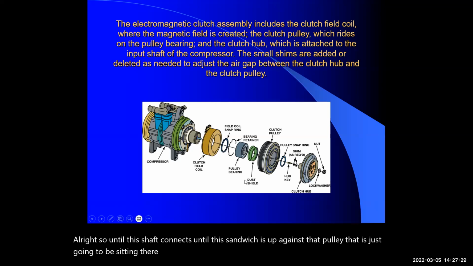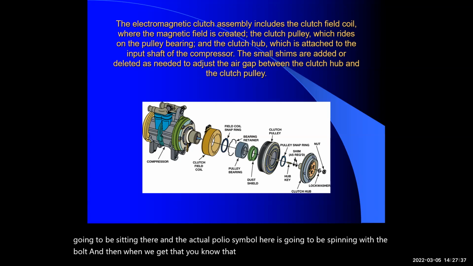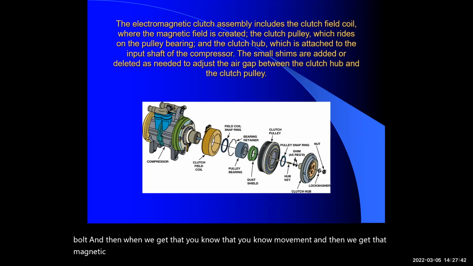And the actual pulley assembly here is going to be spinning with the belt. And then when we get that movement, and then we get that magnetic field and magnetism pops that on there, that's when we're going to start seeing the compressor start turning internally.